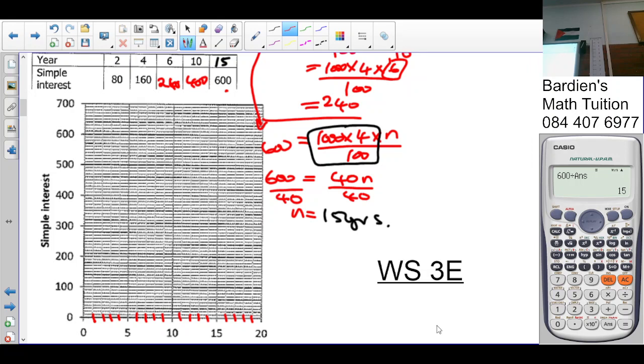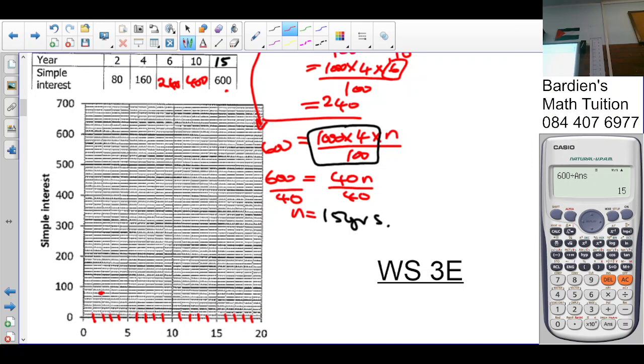So that is 10, 20, 30, 40, 50, 60, 70, 80, 90, 100. You all agree with that? So each stroke there represents 10. Okay. And so on. So 2 years is 80 Rand. So there is 2 and 80 is approximately 3. You all agree with that?